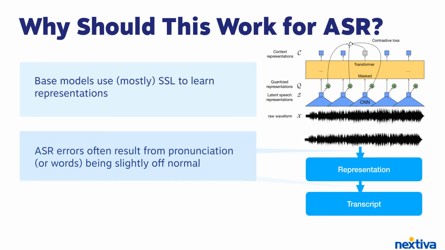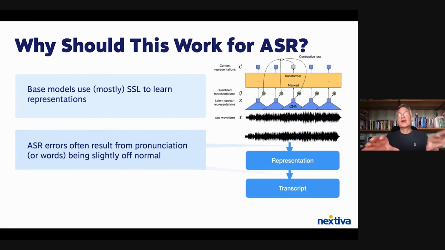And so it makes good intuitive sense that if we teach our models to be tolerant to noise, then they're going to perform generally better. They're going to perform better when the representations that they get out of the front end are slightly off, and they're going to perform better when they have noise in the core data.